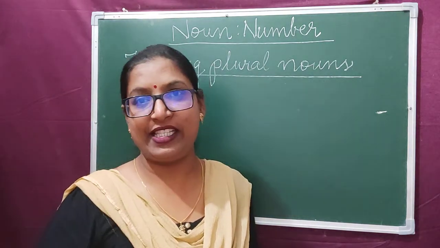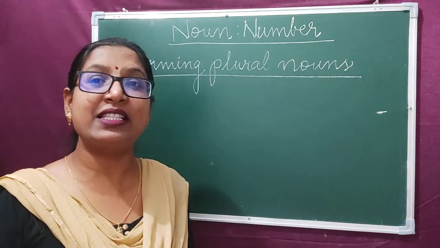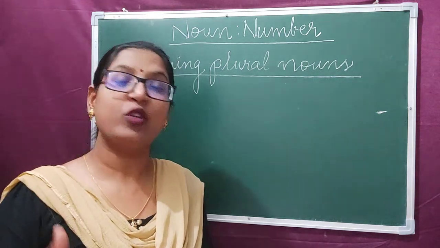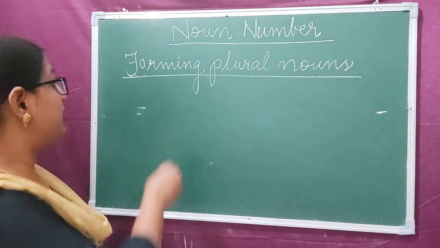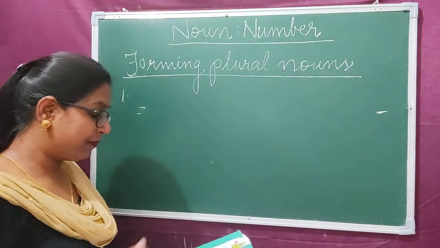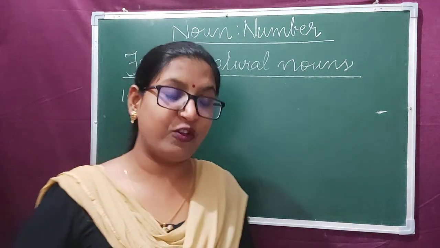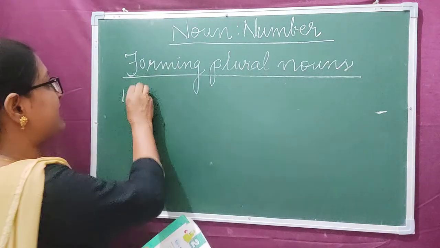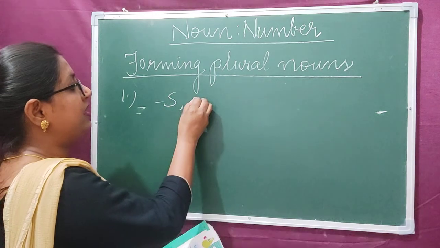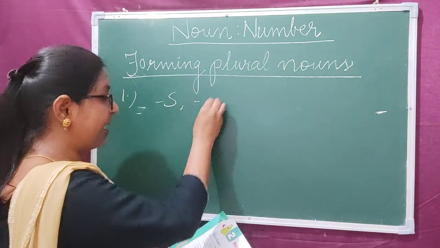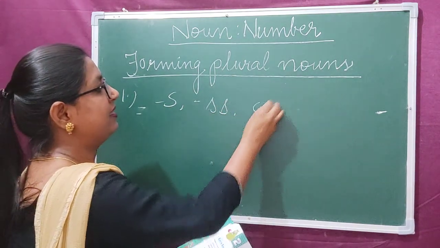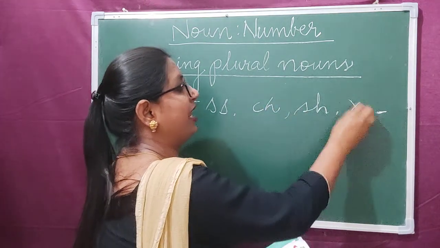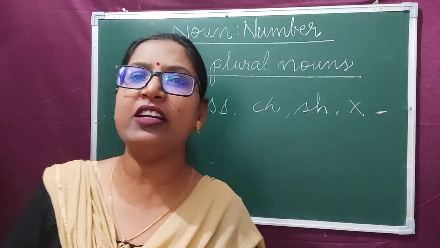Now, step by step, one by one, let us discuss the rules of forming plural nouns. The first one is plural forms of nouns ending in s, ss, ch, sh or x. Clear?